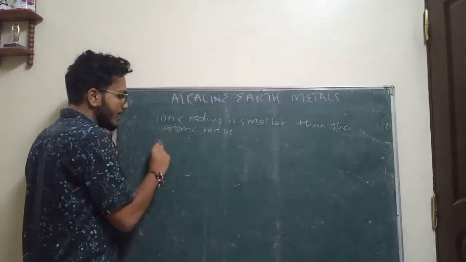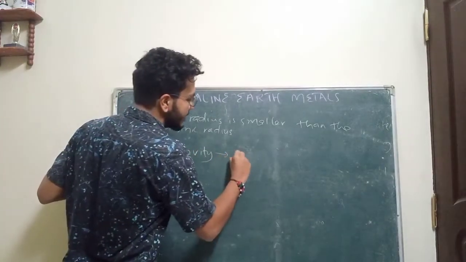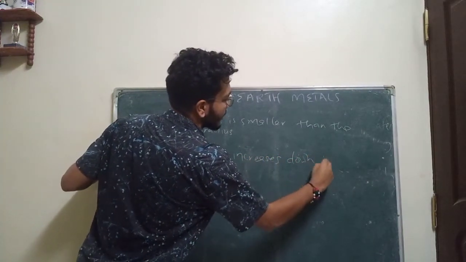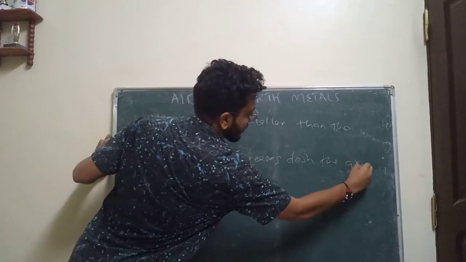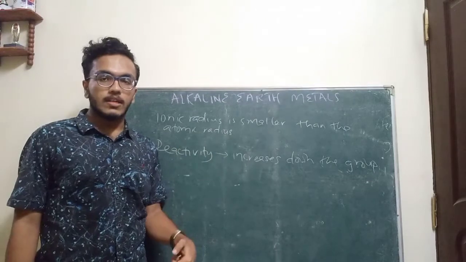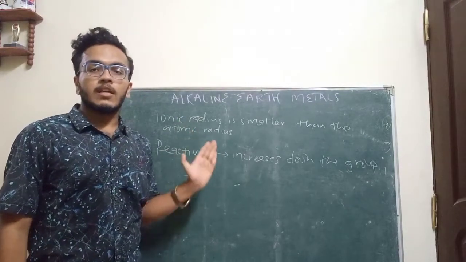Reactivity also, as we saw in alkali metals, increases down the group. Due to an increase in number of energy levels, hence weaker nuclear force of attraction, the valence electrons can be easily lost.